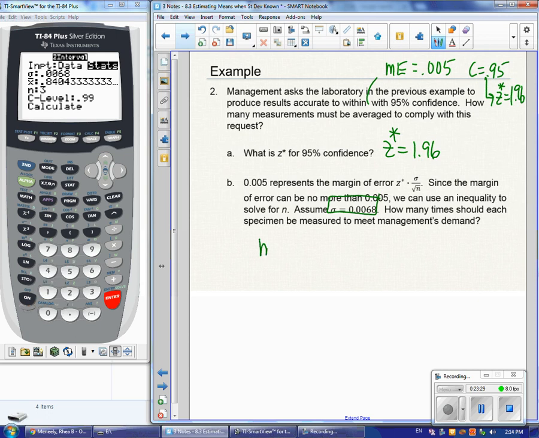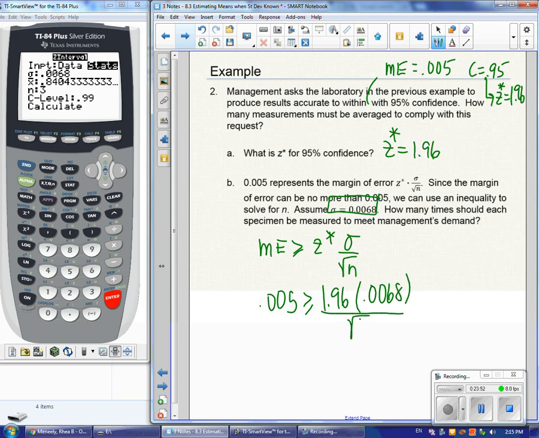So again, my margin of error has to be greater than or equal to my z-score times sigma over the square root of n. I know the margin of error is capped at 0.005. I know my z-score is 1.96. I was given the standard deviation of 0.0068. And I'm essentially then dividing by the square root of n.